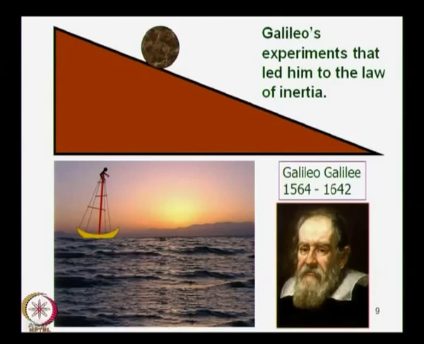He carried out some experiments by dropping objects from the top of a mast of a ship, and you can think of this experiment, you would have done it maybe not by climbing the mast of a ship, but perhaps in a train which is again moving with respect to the earth.